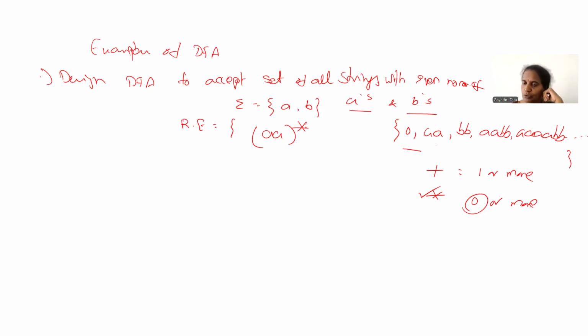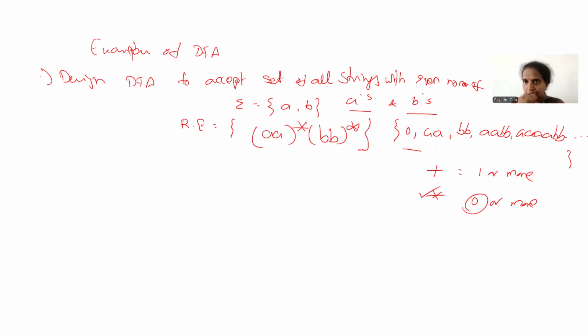If I use the positive closure, a minimum of one A has to be present. Since our first string is without A's and B's, we use the Kleene closure. Next, B's also we have to take, so for this I'm taking the B Kleene closure. This is our regular expression based on our possible strings.